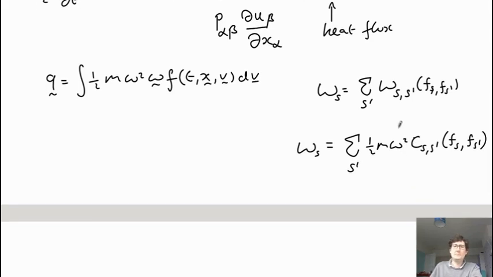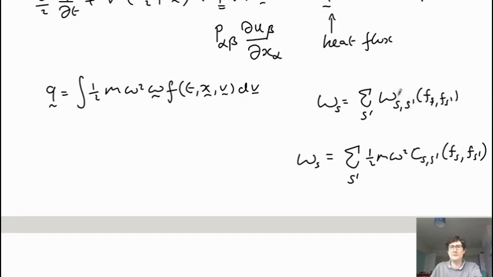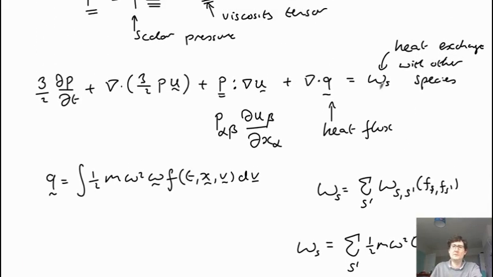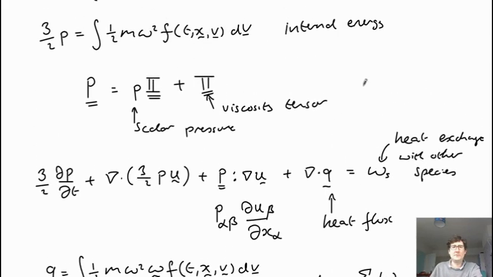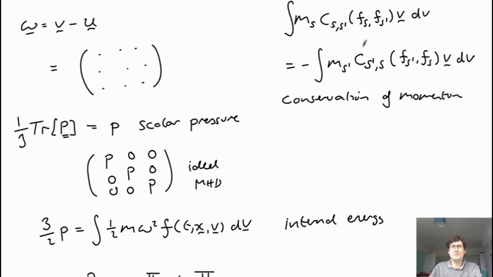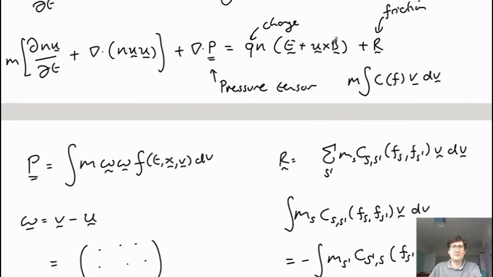And now, because we have also energy conservation between two species, this exchange of energy W between S and S prime must be balanced by a flow of energy between S prime and S. But there are two sources of energy here. One is the internal energy, which is the heat, and the other is the kinetic energy, which is in the momentum equation.